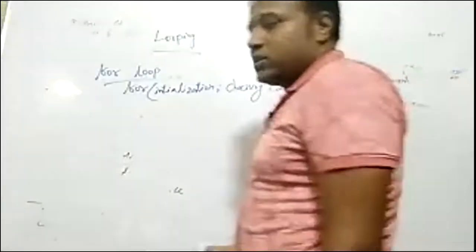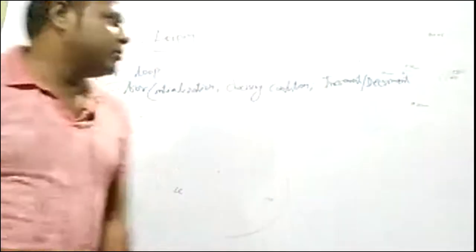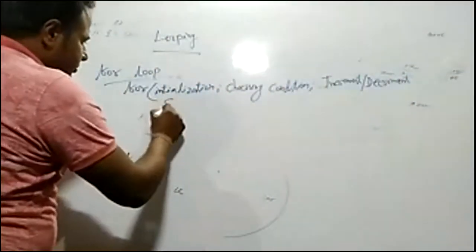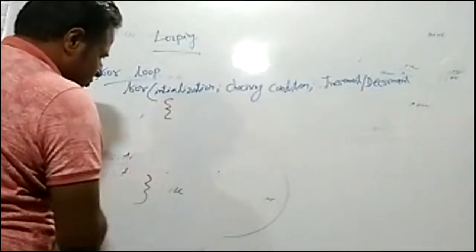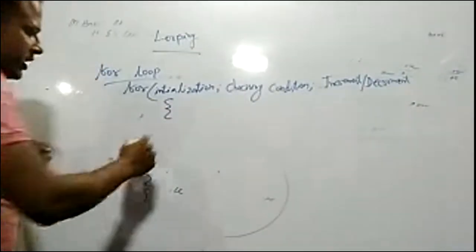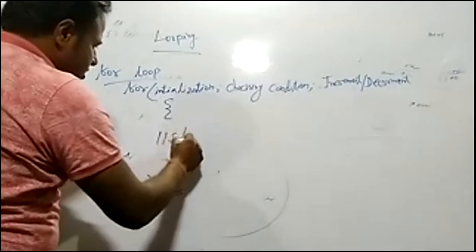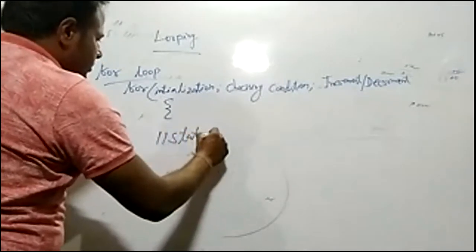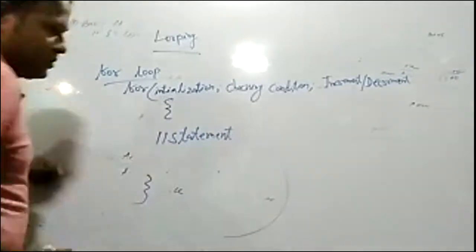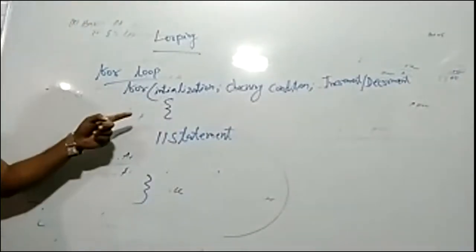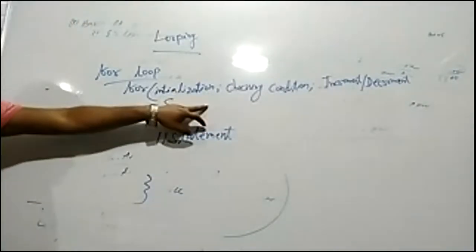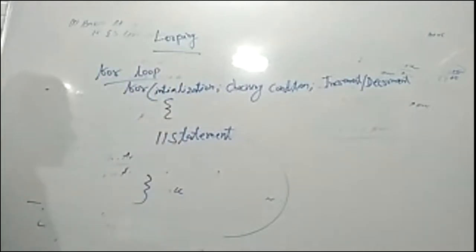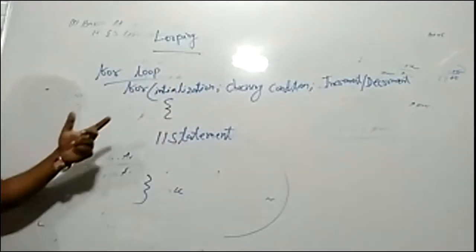Okay, so it contains the increment or decrement part. Okay, so here we are using our statement. Okay, the first we call the initialization, checking condition, then we have the increment and decrement part.